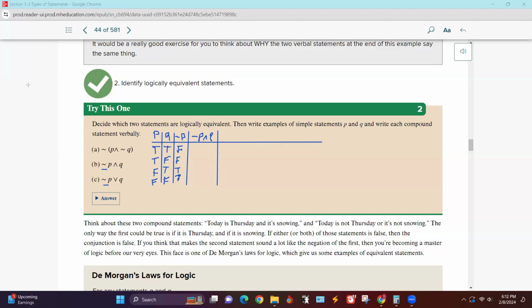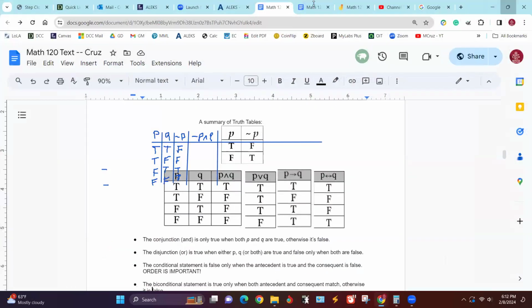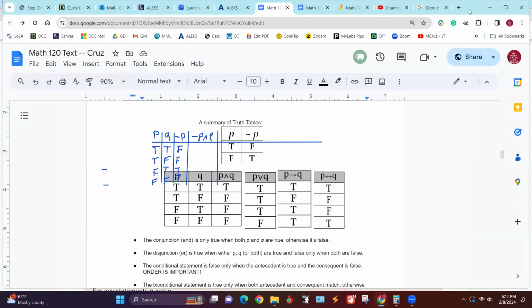So here's the thing we got to realize, and this is why I say these rules over here are important.